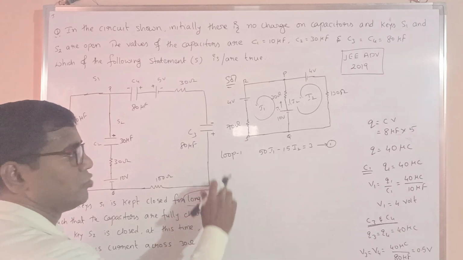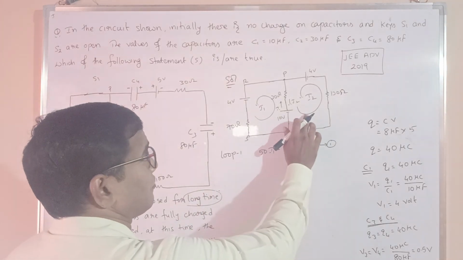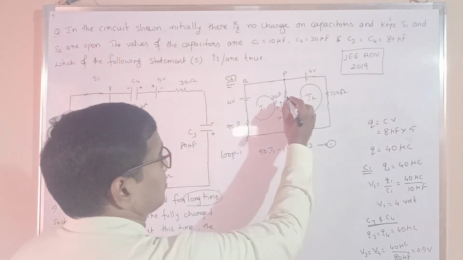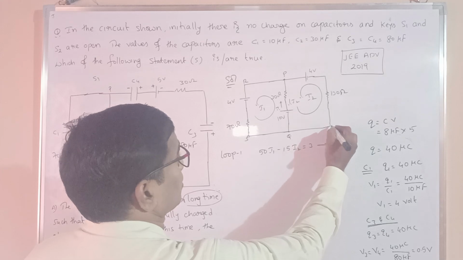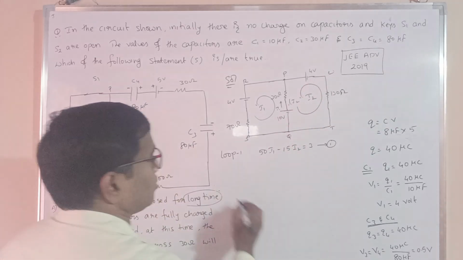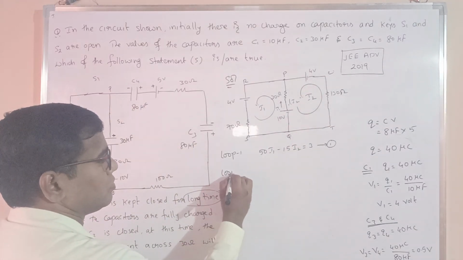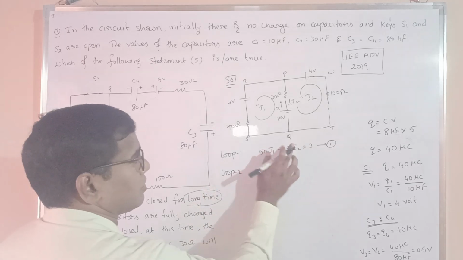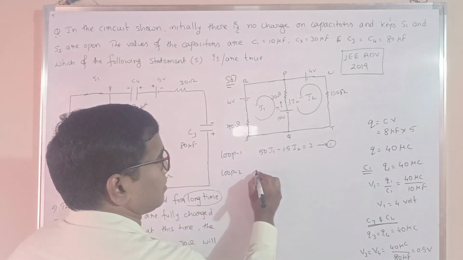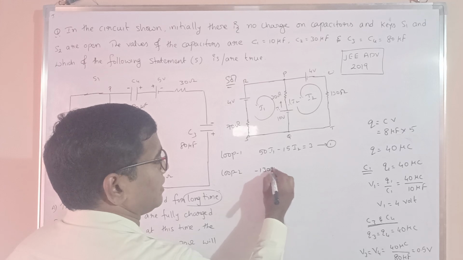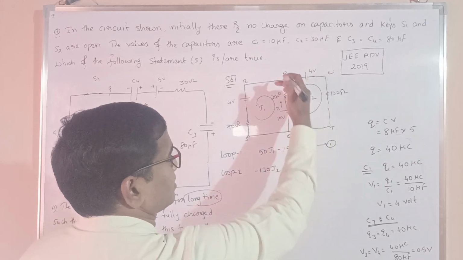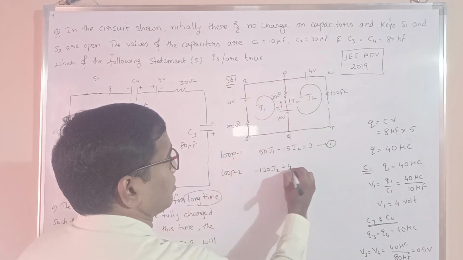Now see here, for loop 1 I got one equation. I will apply it for loop 2, and I will write TU. So loop 2, I will start from here. In this direction, minus 130 I2. In this direction, plus 4.